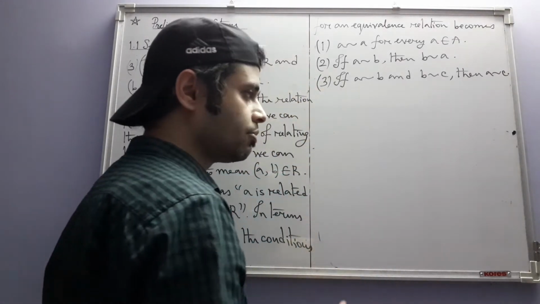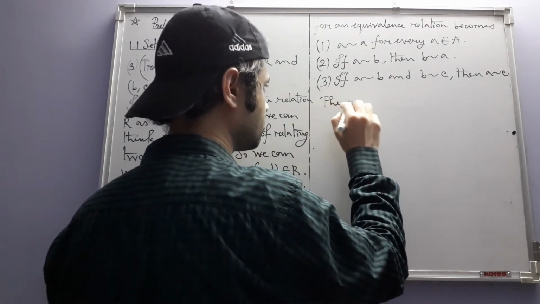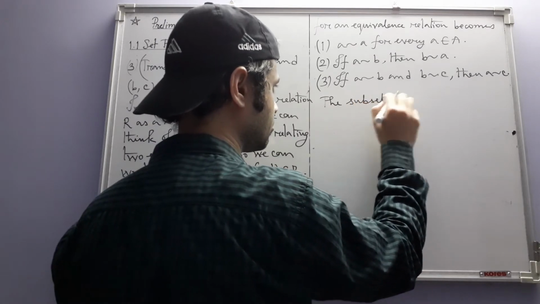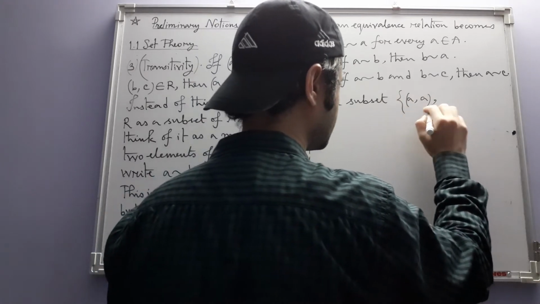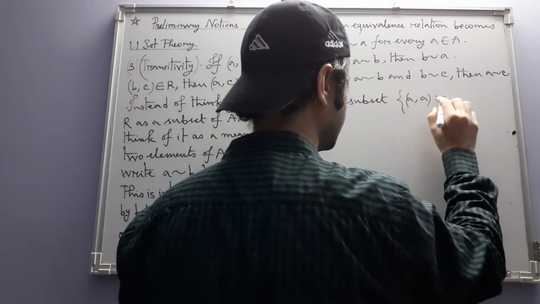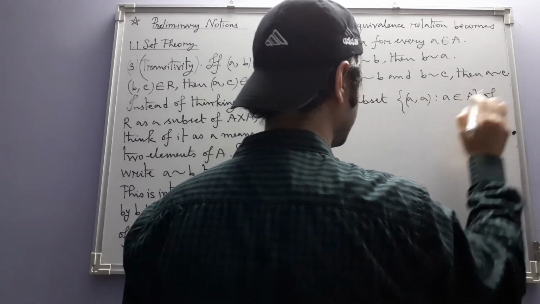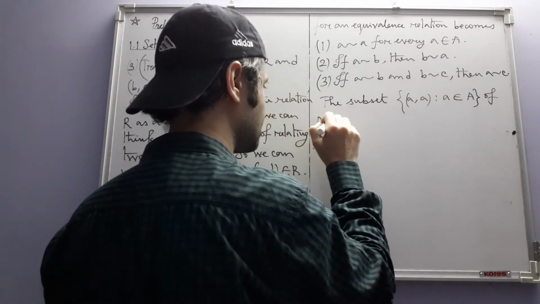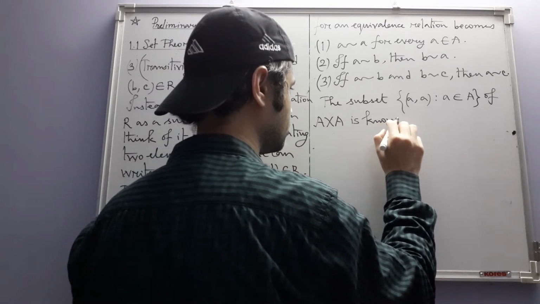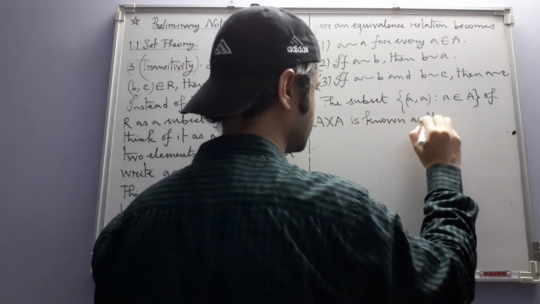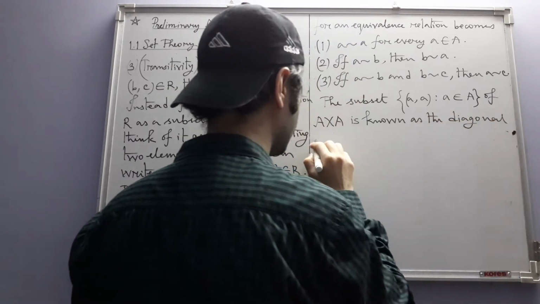It's about a particular subset of A cross A, the subset of A comma A such that A belongs to A of this Cartesian product is known as the diagonal of A.